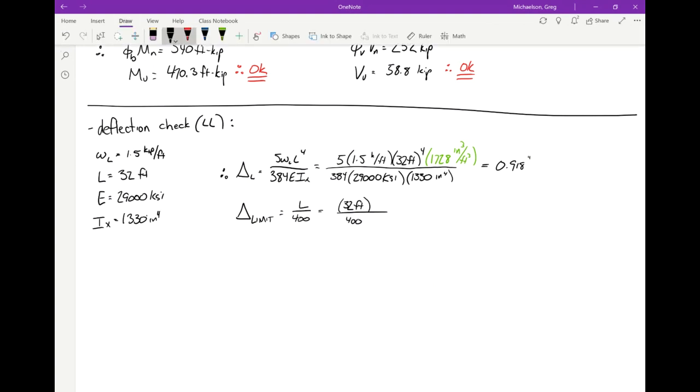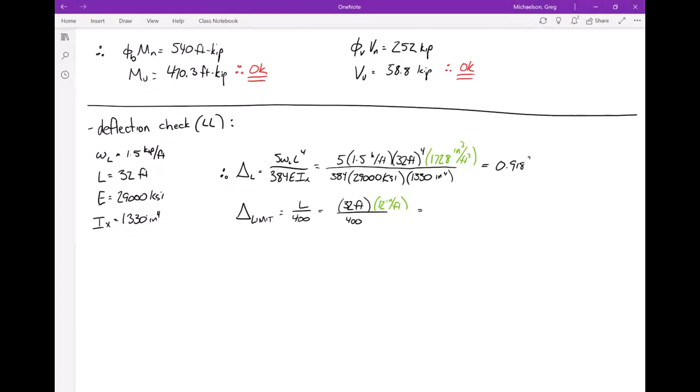And then don't forget, we need to convert that to inches too, so that we get limits that we can compare adequately. So 32 times 12 divided by 400 ends up being 0.96 inches.